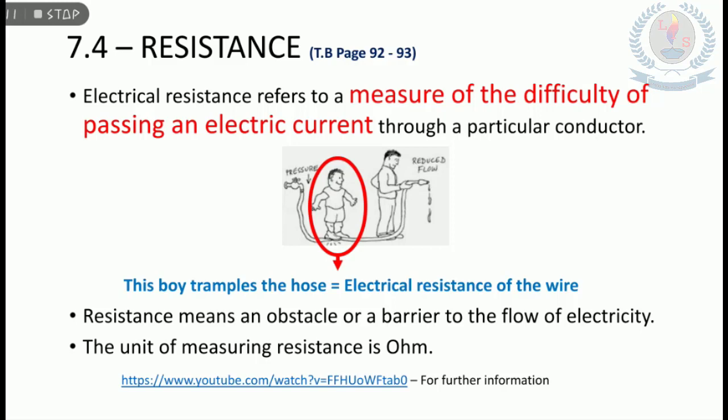Can you see a small boy is trampling the hose? Simply what he wants to do is to block the waterway. The act done by the boy is equal to the action done by the resistance on a circuit, which is to reduce the flow of electricity.